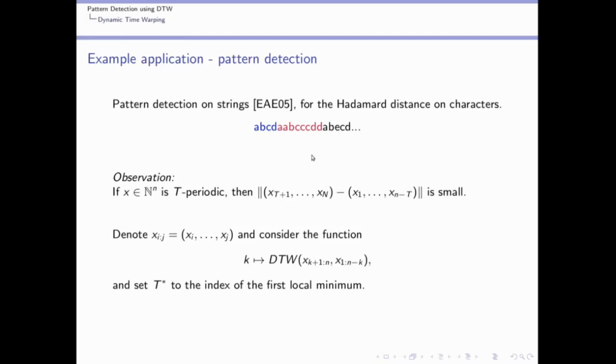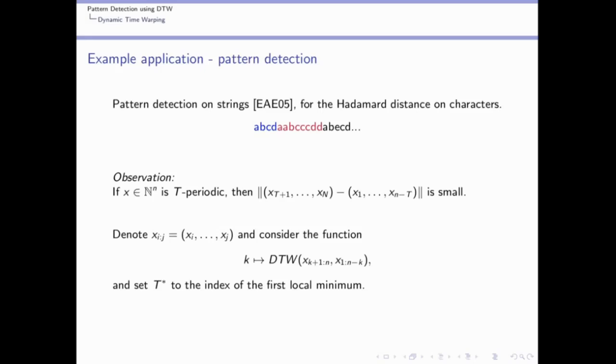This observation was used to propose an algorithm to detect patterns in strings by considering the function which maps k to the dynamic time warping discrepancy between such vectors, where we chop off the first k coordinates and the last k coordinates, and then simply set an estimate of the period to a local minimum.